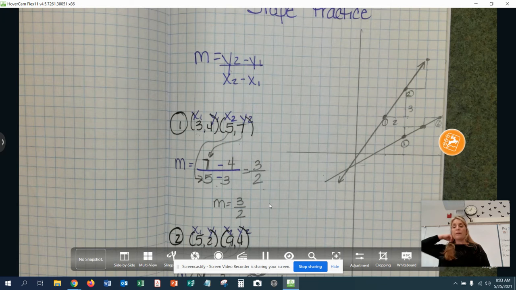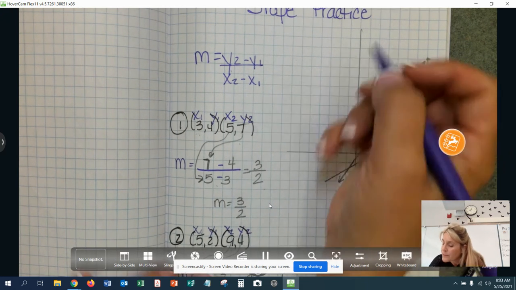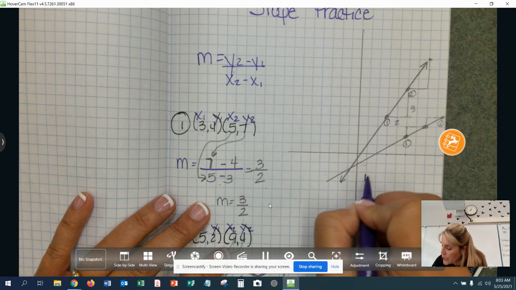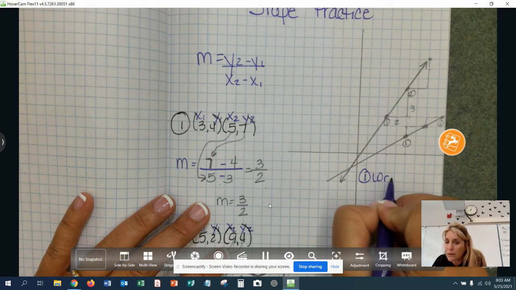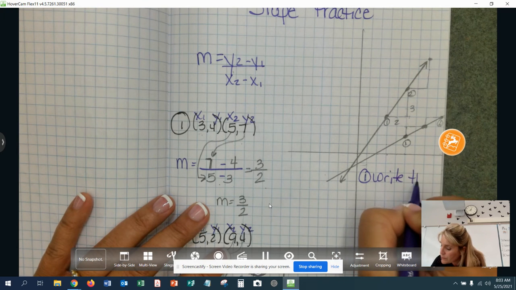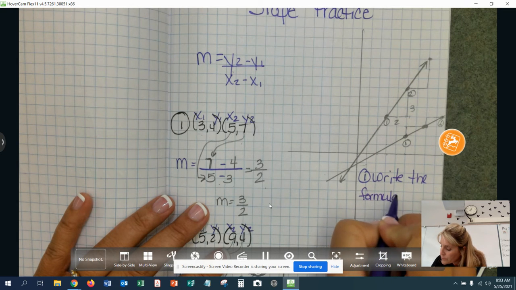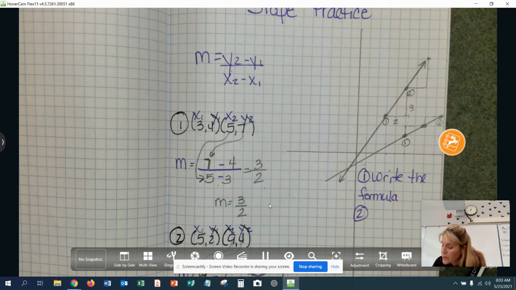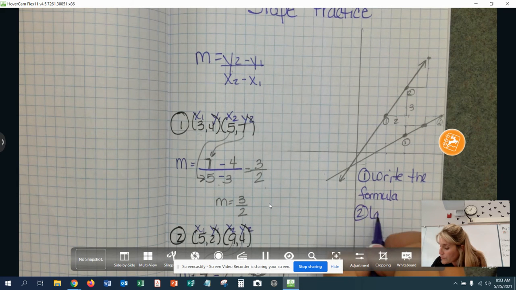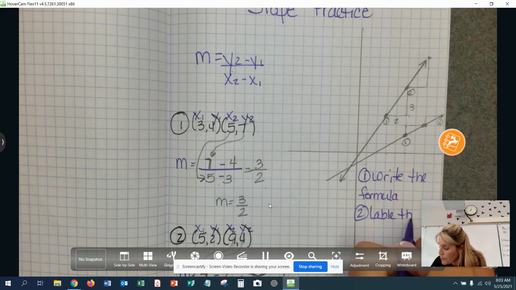So if I was going to recommend how you would write this out, the first thing is write the formula. Two, I would label the ordered pairs.